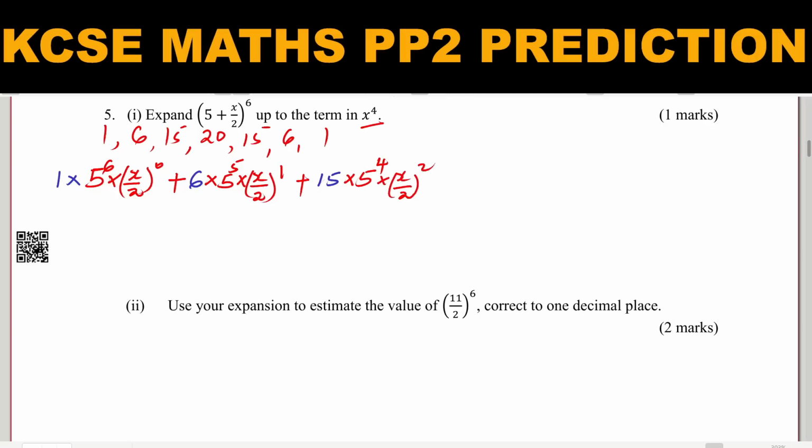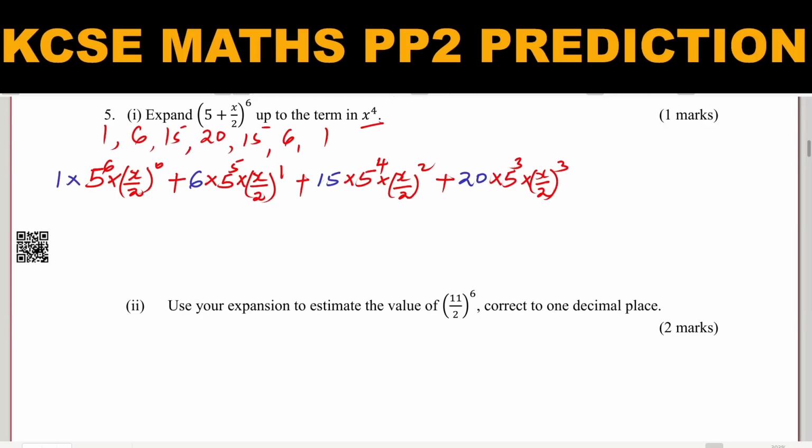We go to the next term. The other coefficient is 20, multiplied by 5 raised to power 3, and then multiplied by x over 2 raised to power 3.